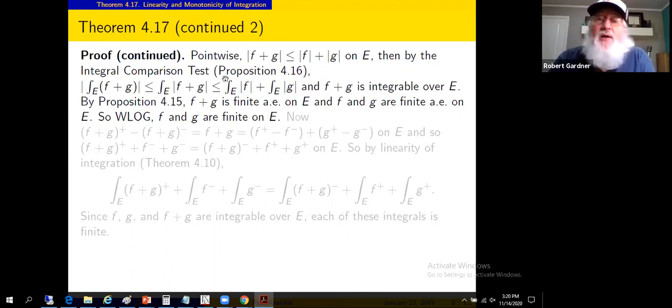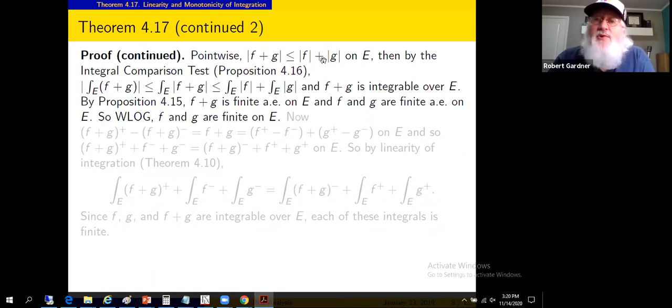So the integral comparison test allows us to talk about integrals, and it's the integral of this thing we want to talk about. We know the absolute value of the integral of f plus g, we had shown, was less than or equal to the integral of the absolute value. It was part of that integral comparison test. We're claiming that's less than or equal to this stuff here. What is that exactly? Is it monotonicity? Yeah, okay.